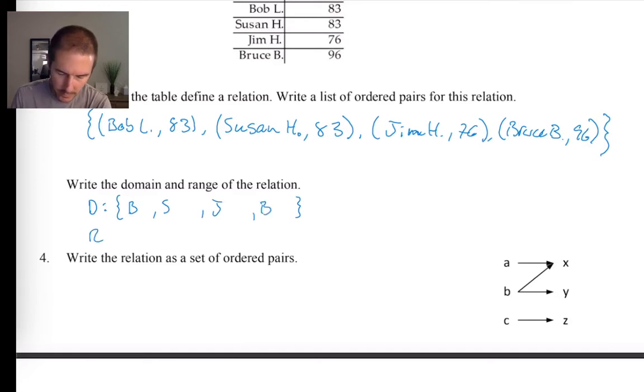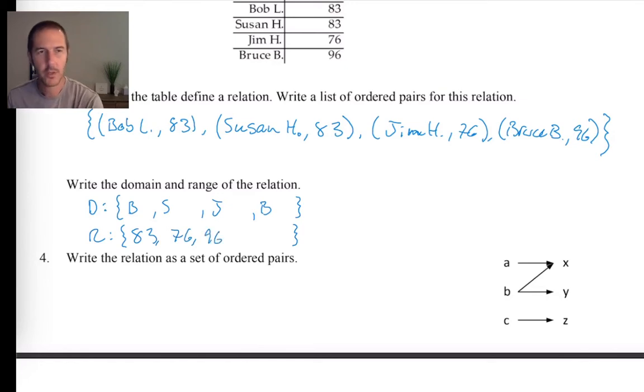And your range values would be the numbers that are associated with each of those names, 83 and 83. So we're only going to write the 83 once, 76 and 96. Interesting, we've seen some relations here that have a differing number of elements in the domain and the range, and that is perfectly okay.